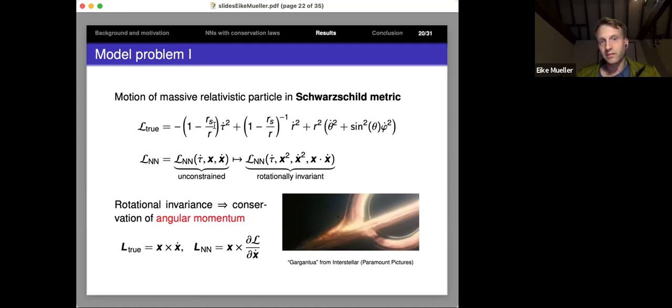It depends on position, that's a 3-dimensional vector, and velocity, which is also 3-dimensional, and then it's a relativistic motion. So I have a time coordinate, tau as well, which is, I believe, the time measured by an observer who's infinitely far away. That's the true Lagrangian, which looks like this.